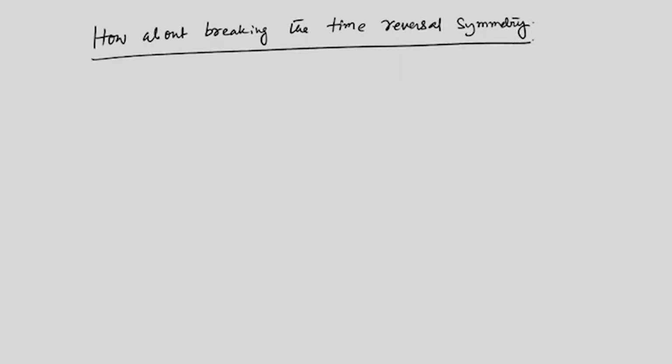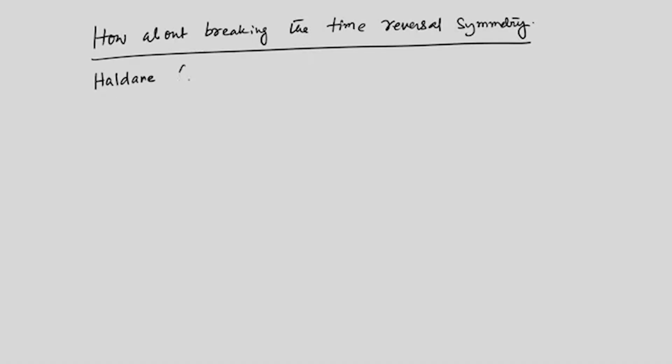So, let us ask this question, how about breaking the time reversal symmetry? Well, there are probably other ways of breaking the time reversal symmetry, such as using a magnetic field, which we have seen automatically breaks the time reversal symmetry.